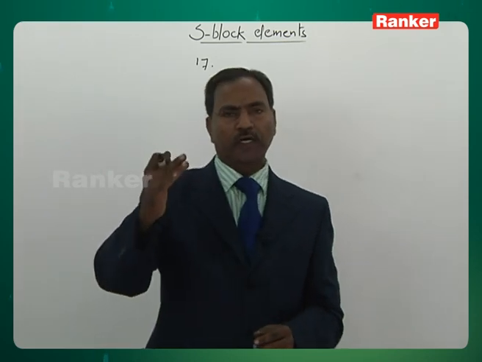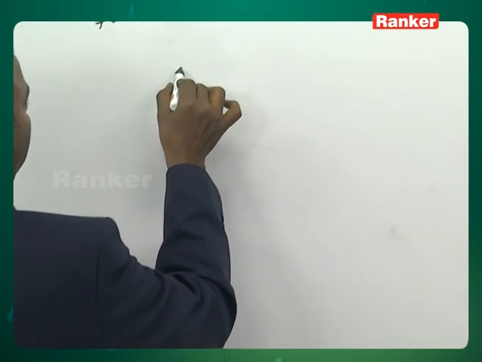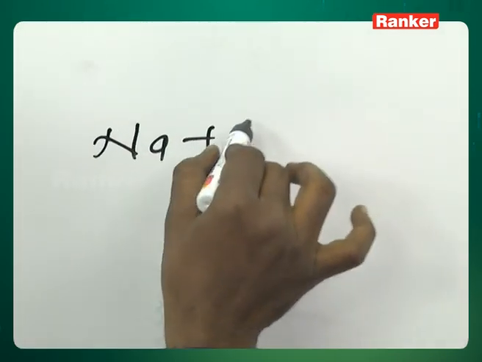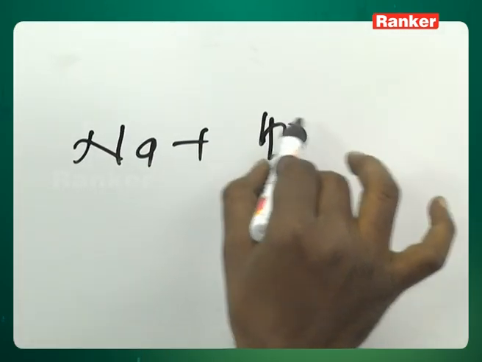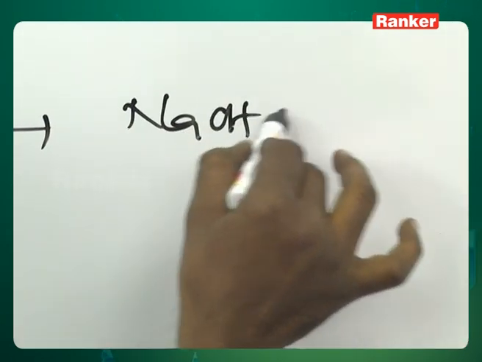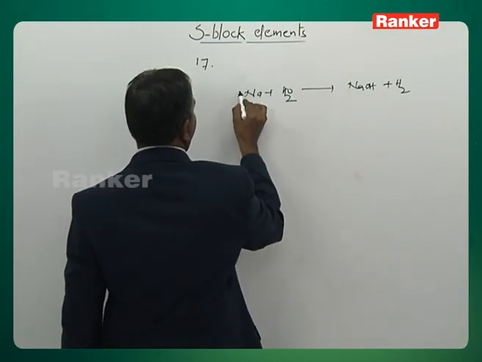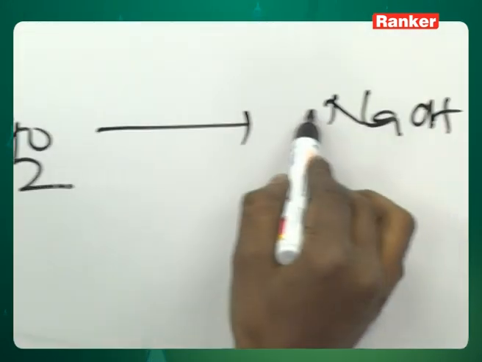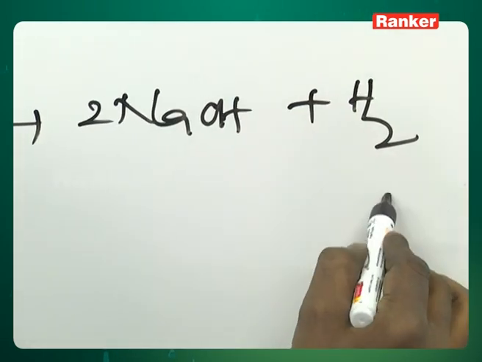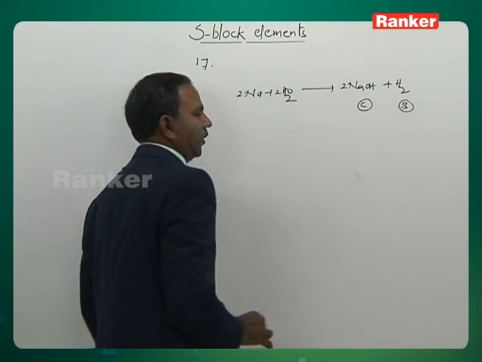Sodium metal reacting with water, this is the concept here. So Na reacting with water, then you are getting NaOH plus H2 gas. Consider 2Na plus 2H2O gives 2NaOH plus H2 gas. This particular solution is what C.